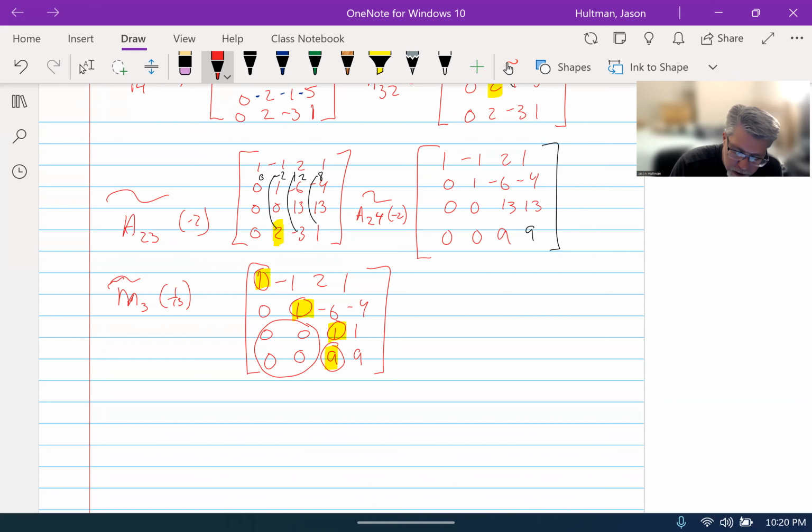Well, let's get rid of that 9. So what are we going to do to remove that 9 and make it a 0? We're going to multiply row 3 by -9 and then add that to row 4.